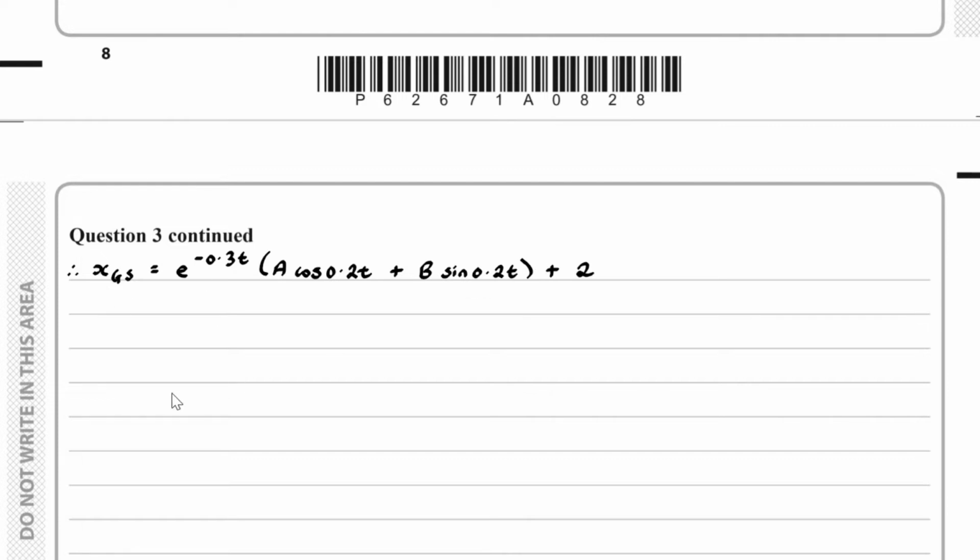So if we differentiate what we have over here, of course we'd have to use the product rule to help differentiate this.